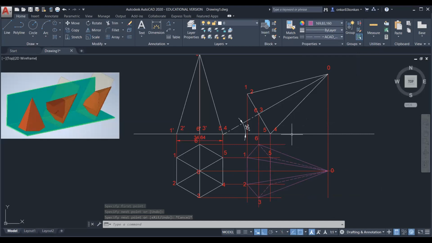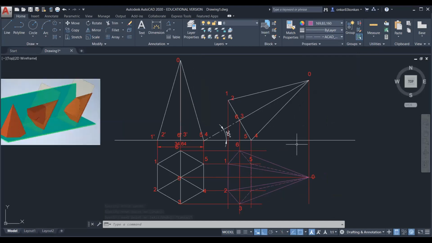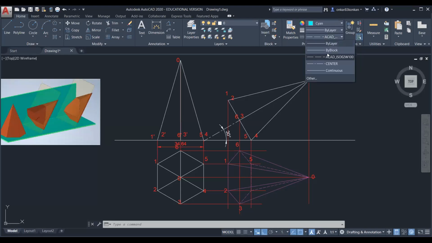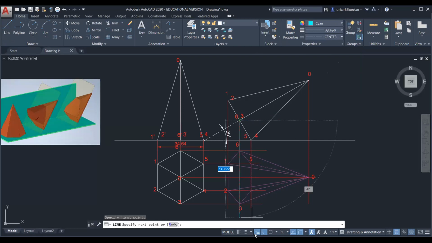Now the next part is we have to show the position of the section plane. Okay, so the section plane position is shown in the second stage, not in the first stage. So first locate the point on this axis 10 mm from the base.